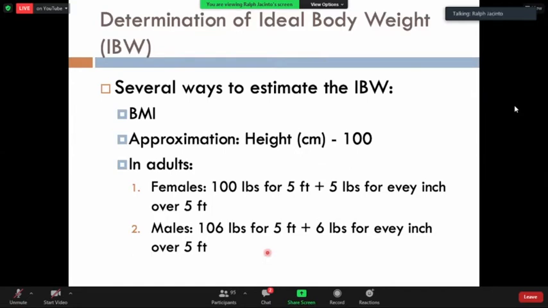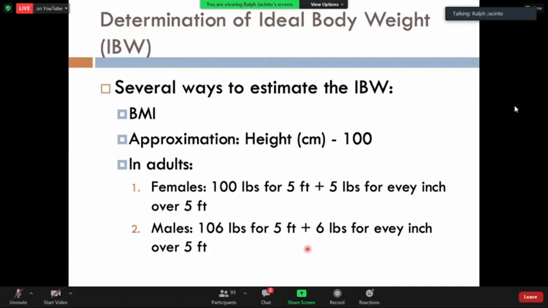For females, this would be the formula. If the individual is 5 feet, the ideal should be 100 pounds, and then you add 5 pounds for every inch over 5 feet. For males, the ideal would be 106 pounds for 5 feet, and then you add 6 pounds for every inch over 5 feet. For example, I'm 5'5".